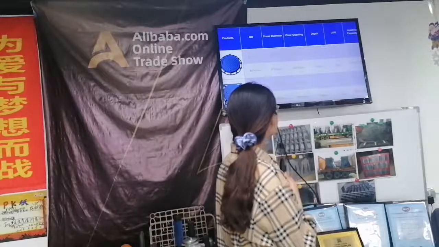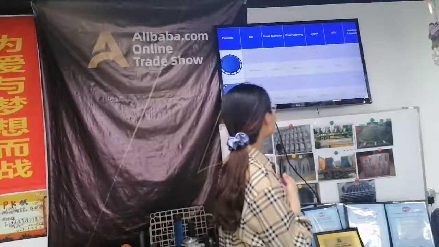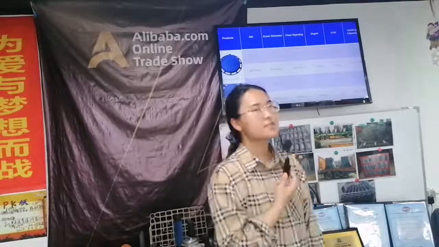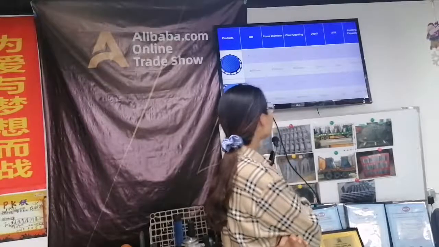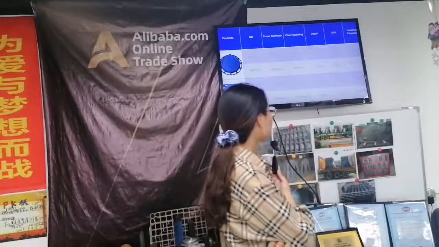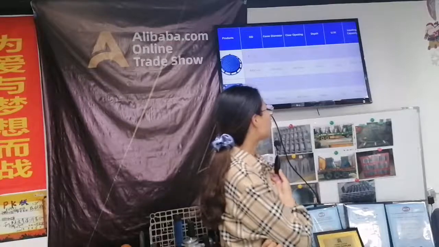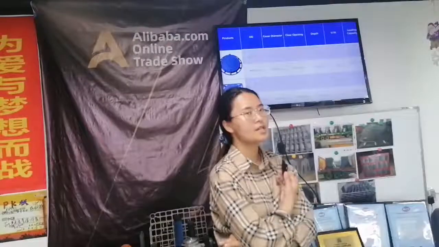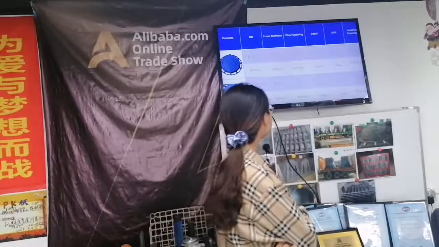Next one. For this one, the outer diameter is 800 millimeter. The cover diameter is 700 millimeter. The clear opening is 670 millimeter. The depth for this one is 775 millimeter, and the unit weight is about 49 kilogram.